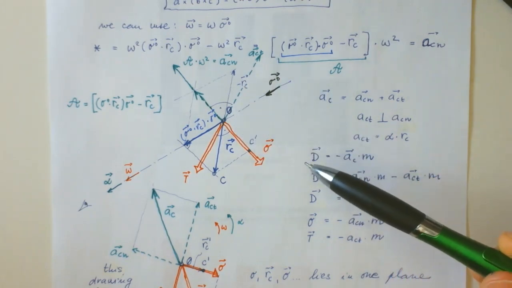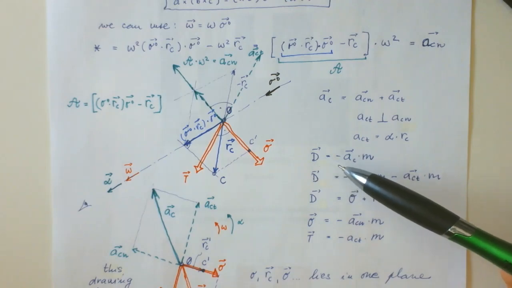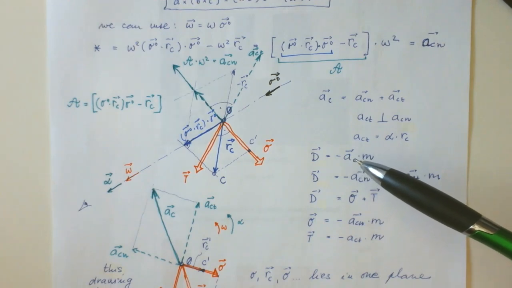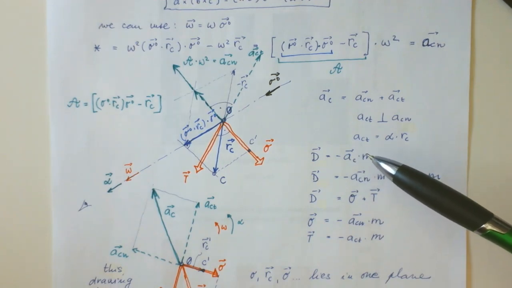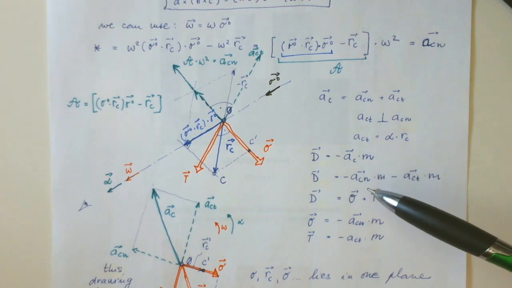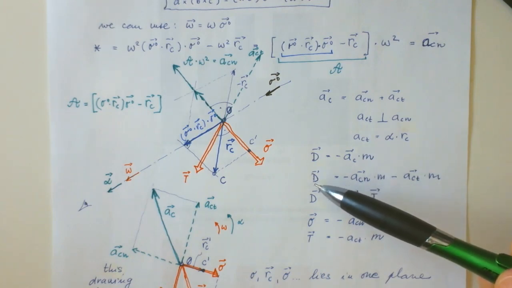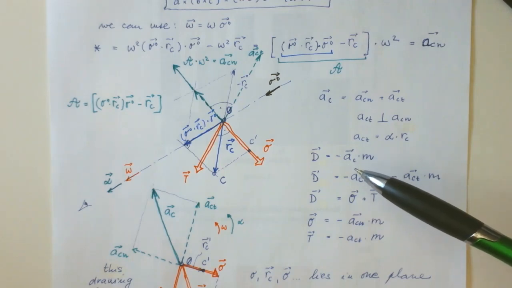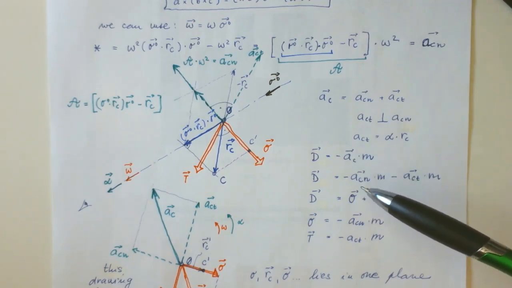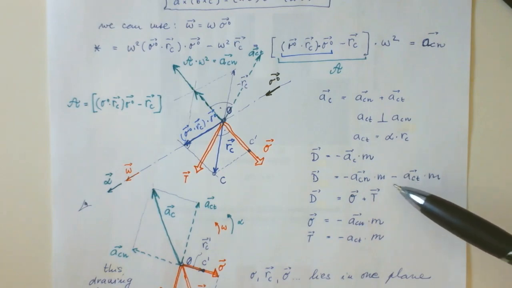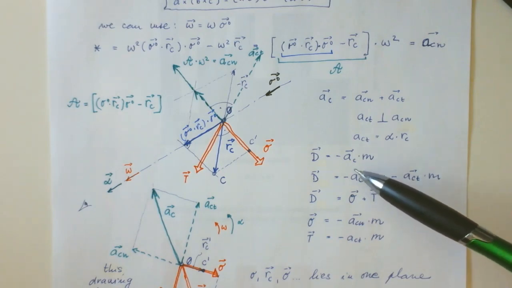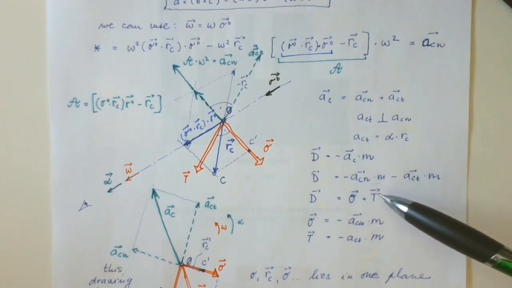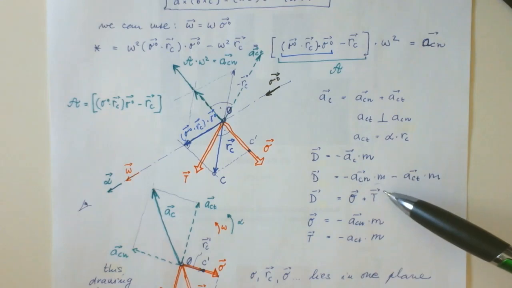If we consider that D'Alembert force is calculated by multiplication of acceleration of center of mass and mass, so we can express it also like this. If we decompose acceleration into normal and tangent components, we get this, and then this represents normal D'Alembert force, and this represents tangent D'Alembert force.